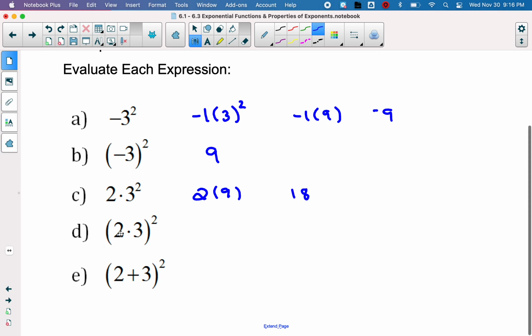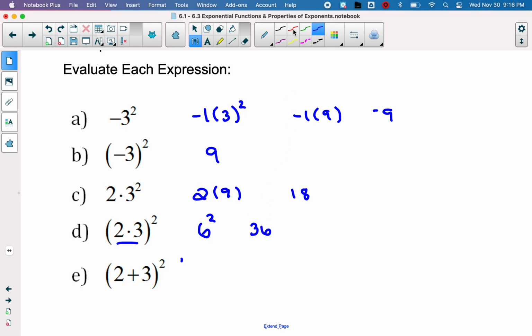In this particular case, you could look at this two ways, but the order of operations would say to multiply 2 times 3 first. That's what's in the group. So this can be completed by looking at it as 6 to the second power here, which is 36.